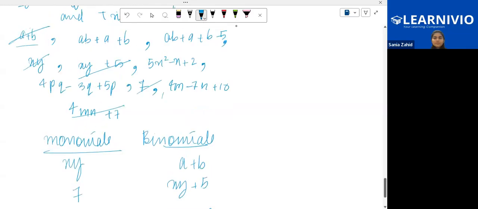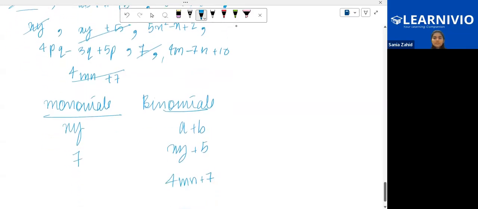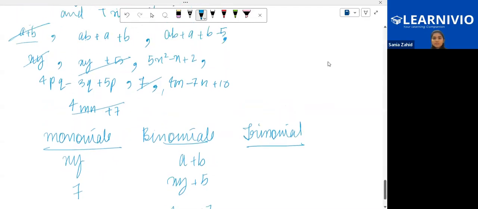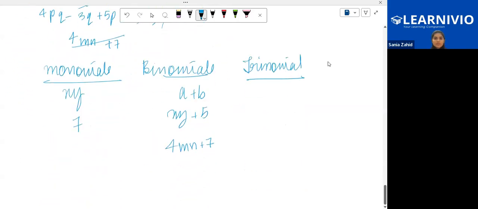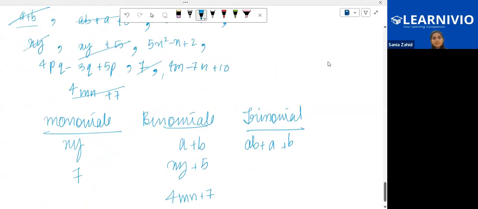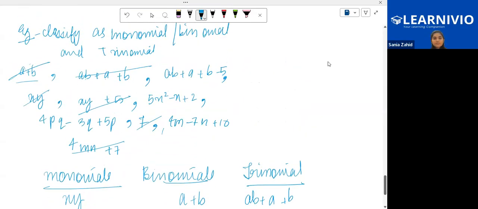Next, after binomial, trinomial. Tell me the trinomials. ab plus a plus b. Then ab plus a plus b minus 5.